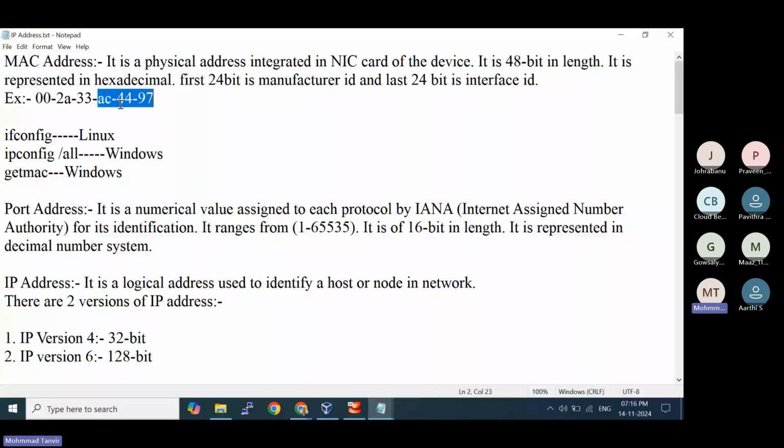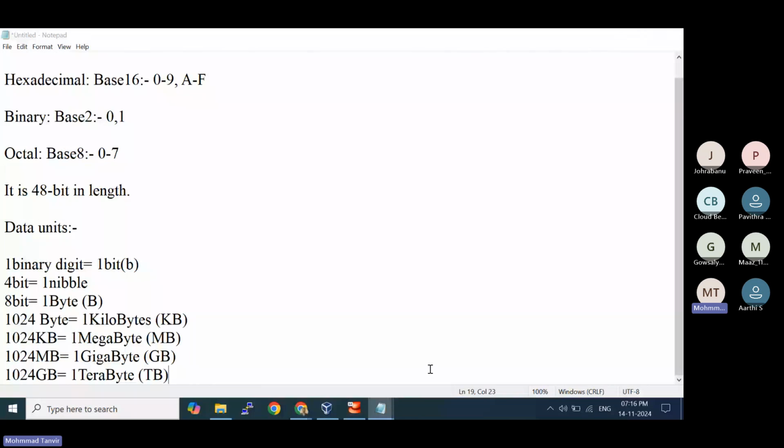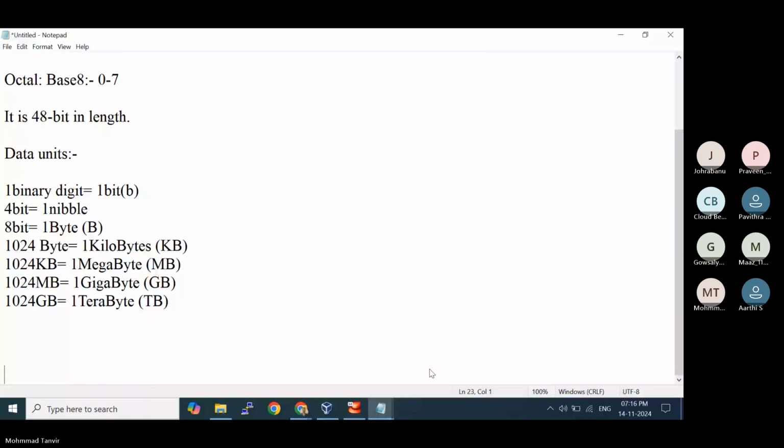Now we cannot change the MAC address, and it is referred to with 3-4 names. What are the names used to refer to this MAC address? One is called hardware address. Why hardware address? Because it is integrated in the hardware. Next we have physical address, so it is represented as a physical address.